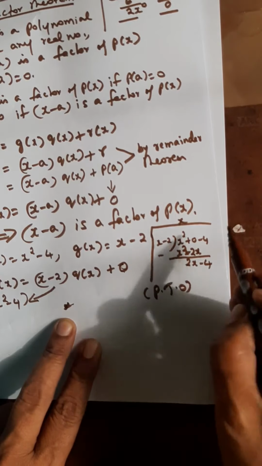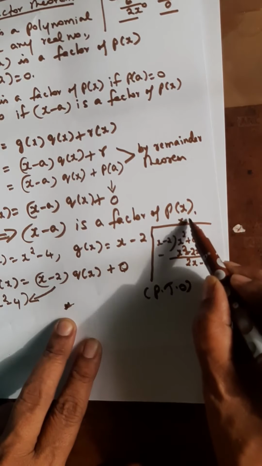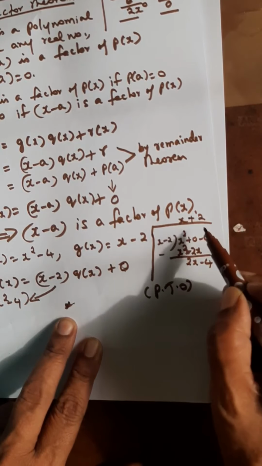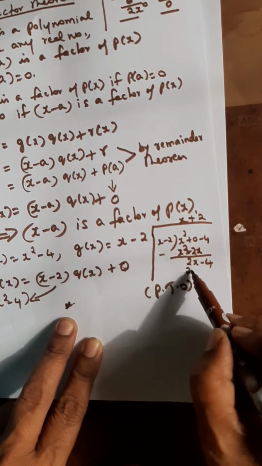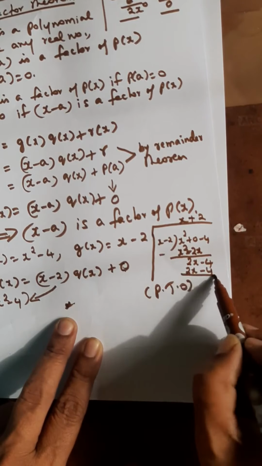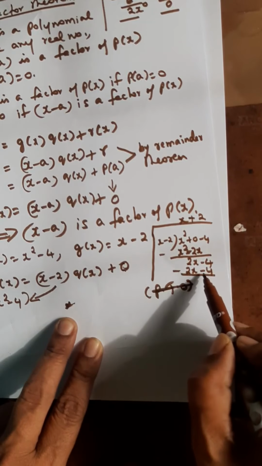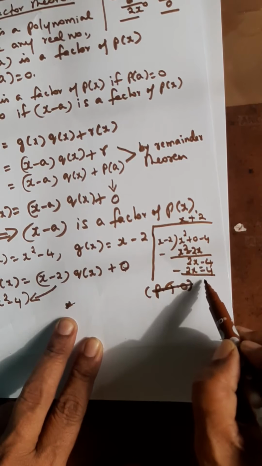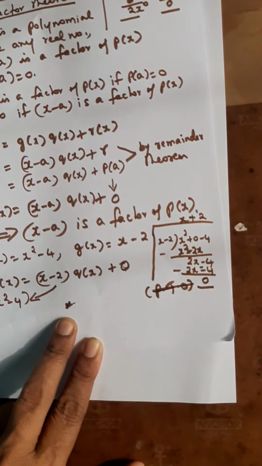Now to get 2x, I want plus 2. So 2 into x minus 2 gives 2x minus 4. Now I subtract: minus minus plus 4, so the whole thing becomes 0.